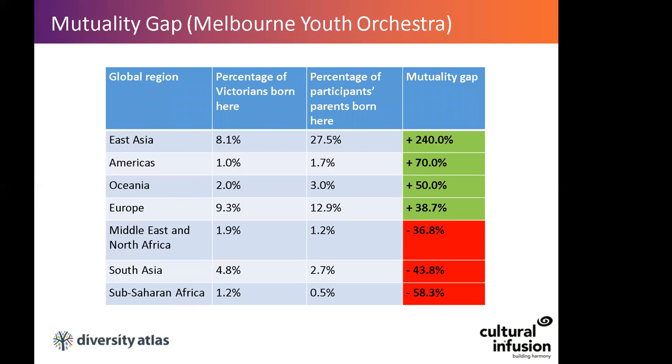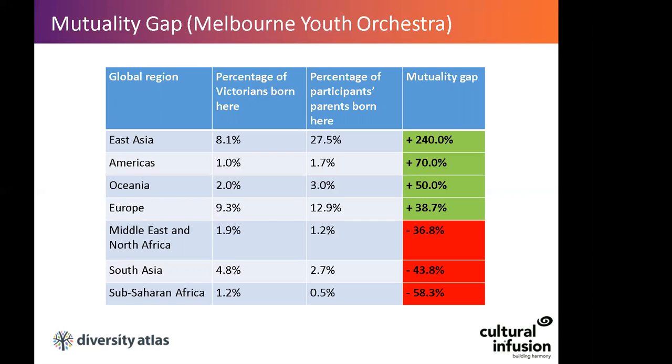Okay, so here is a case study which we're able to show you all. This was a report that we delivered for the Melbourne Youth Orchestra. They comprise 13 orchestras, and here you can see the mutuality gap, where in some cases it's greater and in other cases it's underrepresented.